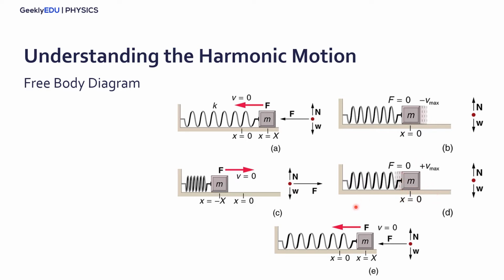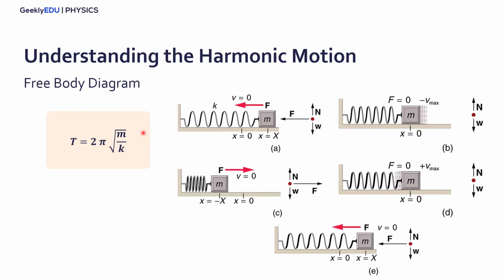Then the spring starts to stretch again, and we reach the same situation as the first one. In this scenario we have no friction, so the motion just doesn't stop. We have the spring stretching and compressing, the block moving left and right, left and right. For this motion, we say that it's harmonic motion.